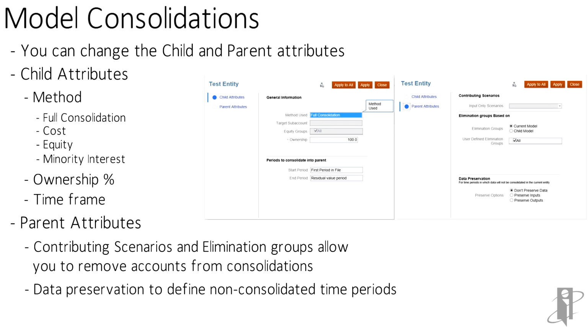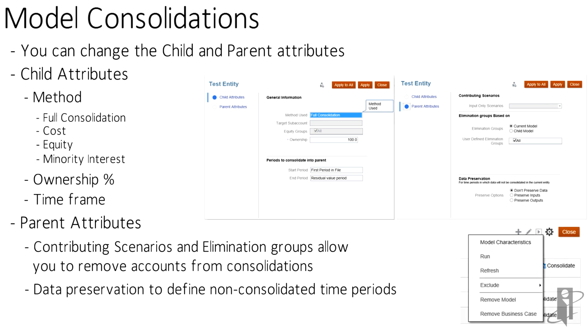If you have JVs or not 100% ownership in some of these entities, you can use the consolidator to represent that. You can also change time frames if you're doing M&A and you have a deal period that you want to look at. You can also change some of these attributes. You have child attributes and parent attributes on each of these nodes, and they will allow you to eliminate groups or blocking groups, things like tax rates. You don't want to roll those up to a parent company.